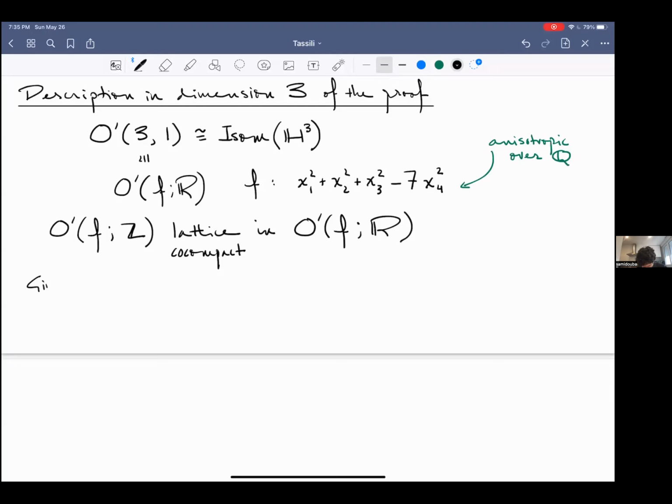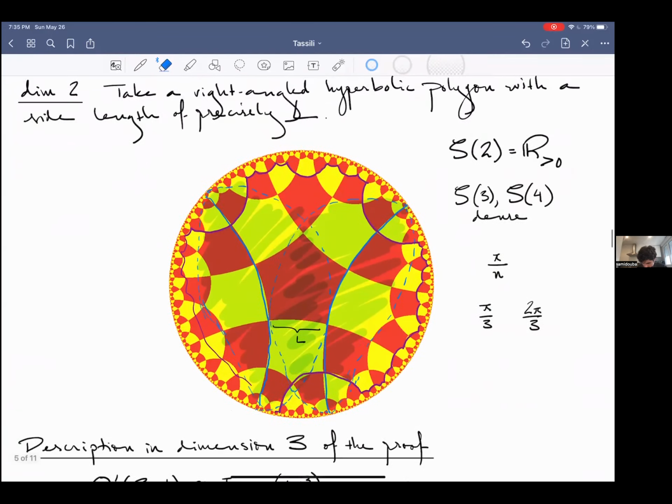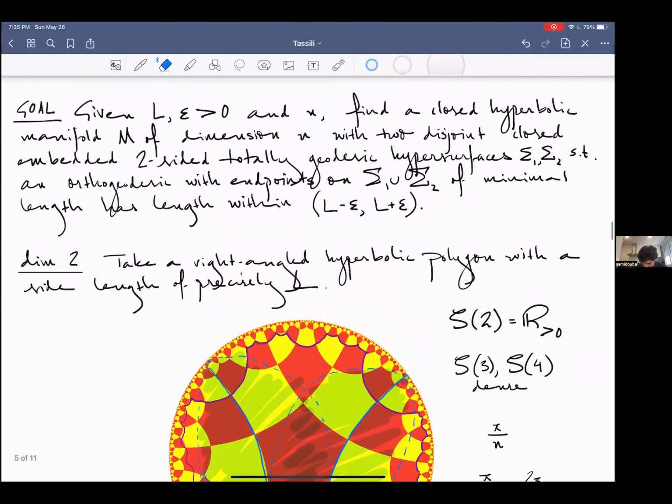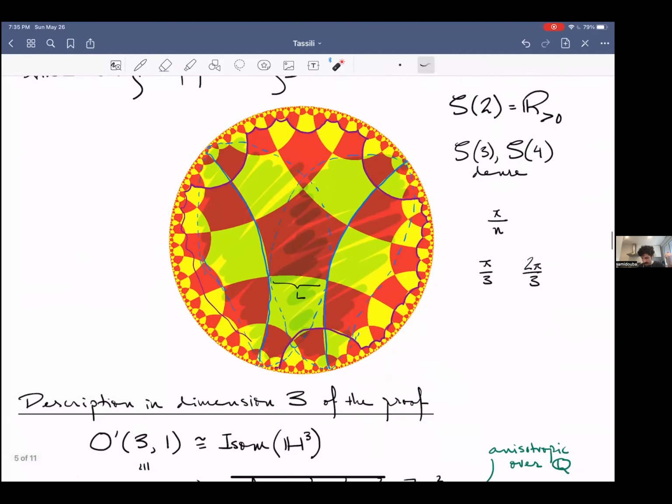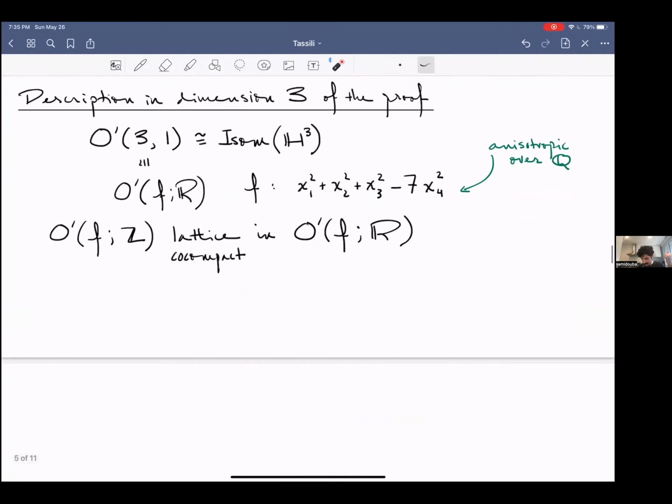We want to achieve this goal, where M will be a finite cover of this arithmetic manifold that we just described.